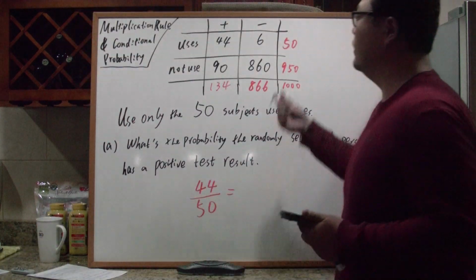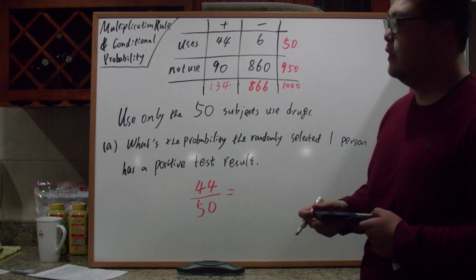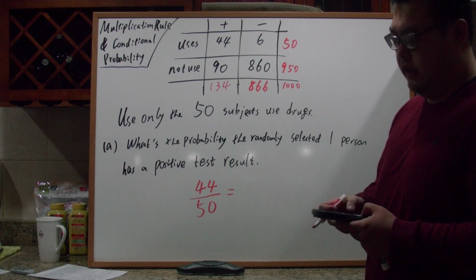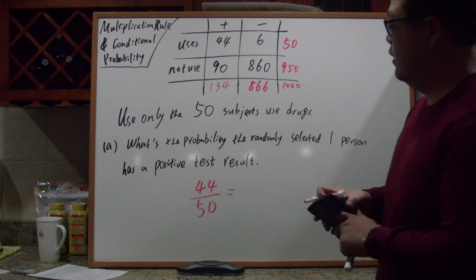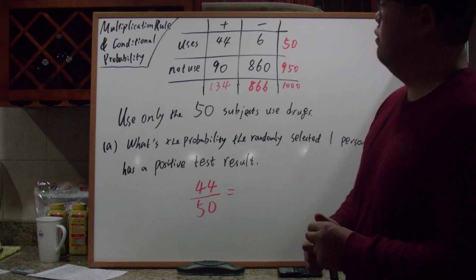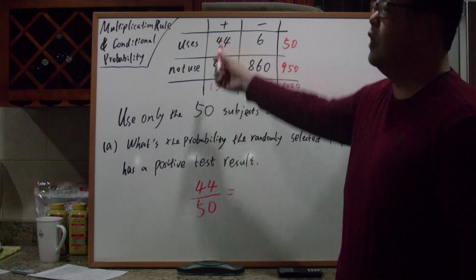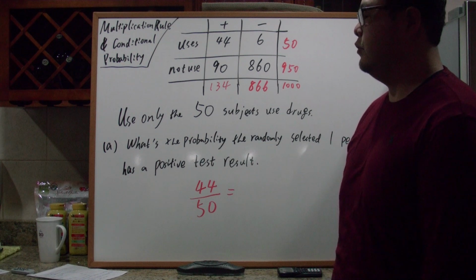Right, because we're focusing on the 50 people who use drugs, and 44 is the amount of them with a positive result.